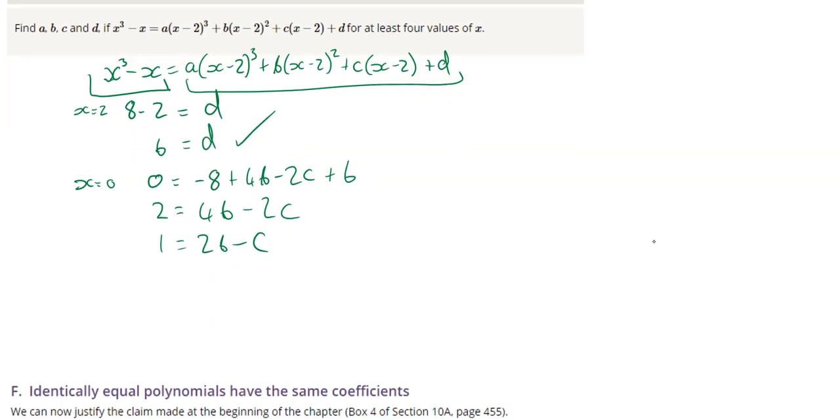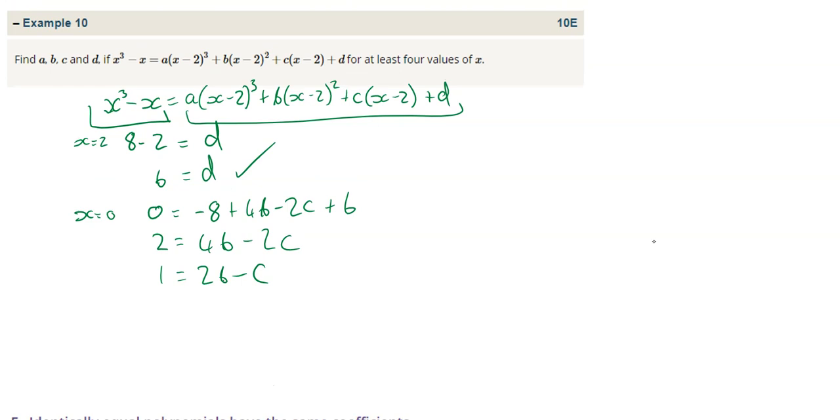And then lastly, they substitute in x equals 1, which also works because 1 minus 1 is going to be 0. So x equals 1 implies that 0 equals, can someone do these for me? So obviously we've got 1 outside of, now 1 minus 2 is negative 1 to the power of 3, which is negative 1, good.